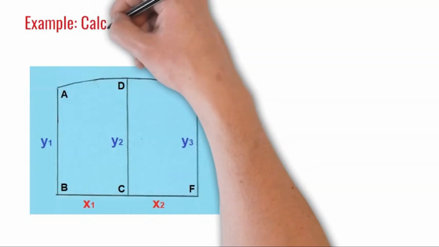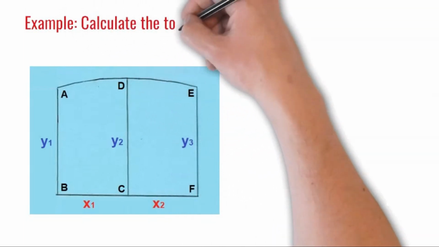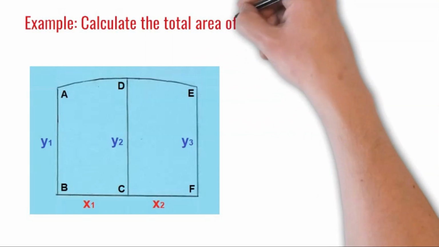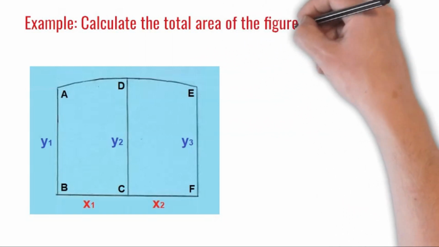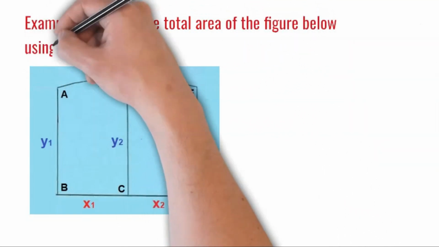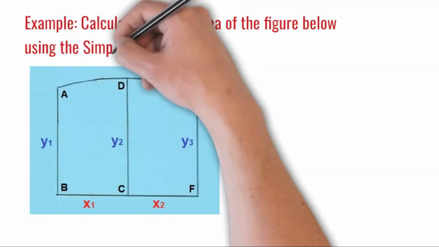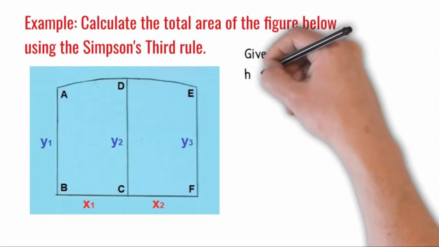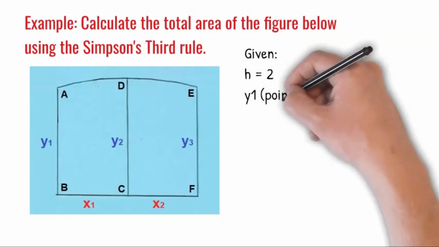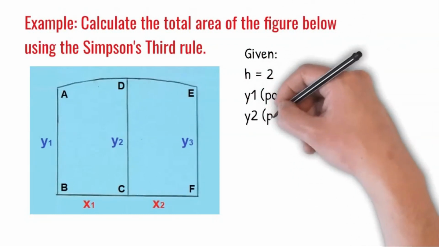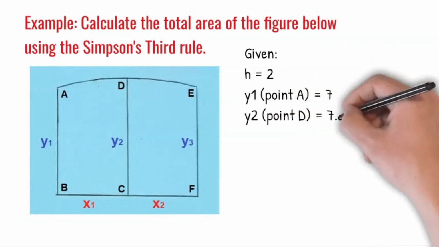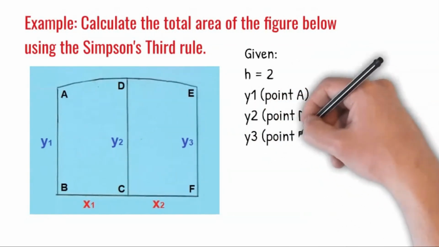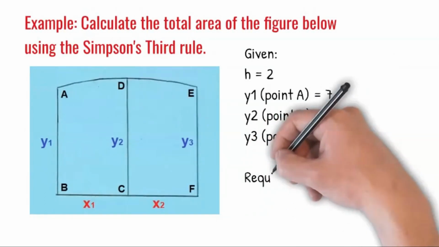Example: calculate the total area of the figure below using the Simpson's third rule. Given height equals 2, y1, point A, equals 7, y2, point D, equals 7.6, and y3, point E, equals 7.3.